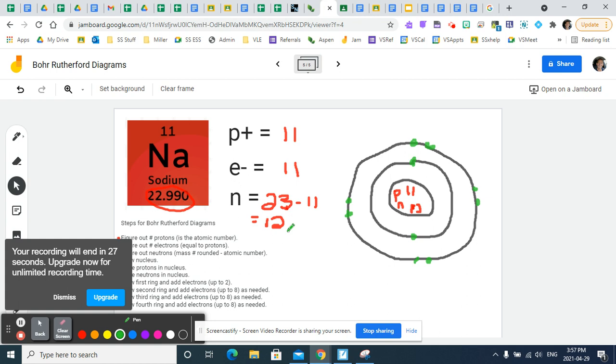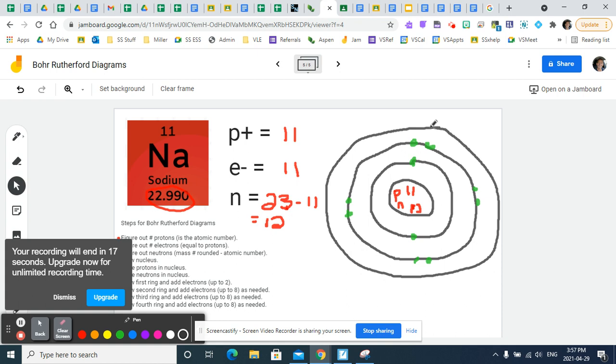Okay, but wait, I have 1 left. That means I need to draw 1 more energy level, or ring, or shell, or orbit, because I have 1 more electron to give me the total of 11. And that is my Bohr-Rutherford for the sodium atom.